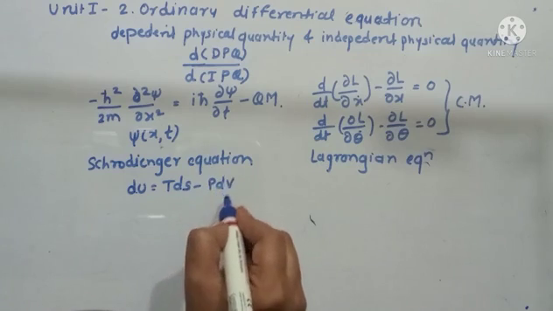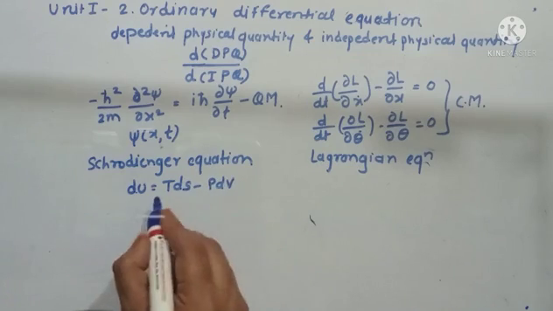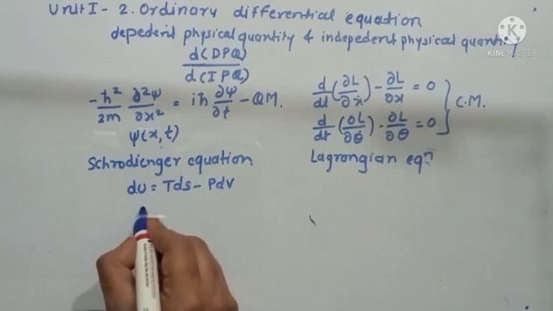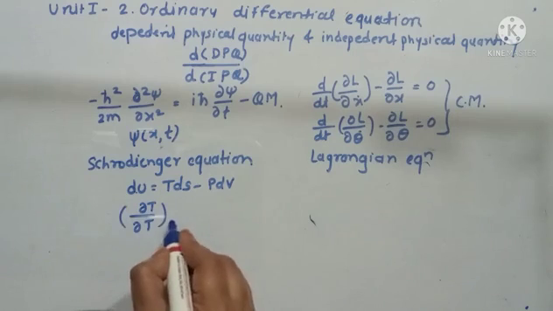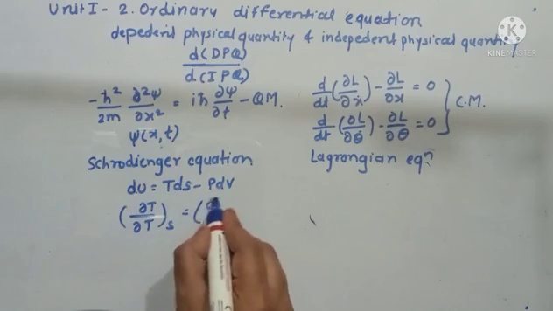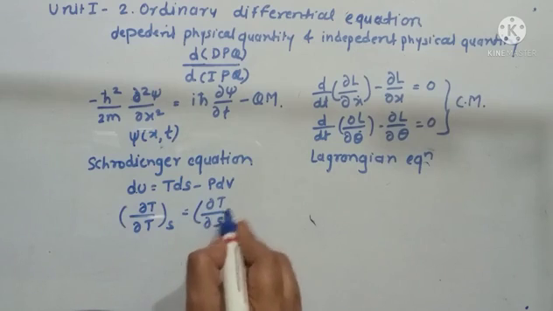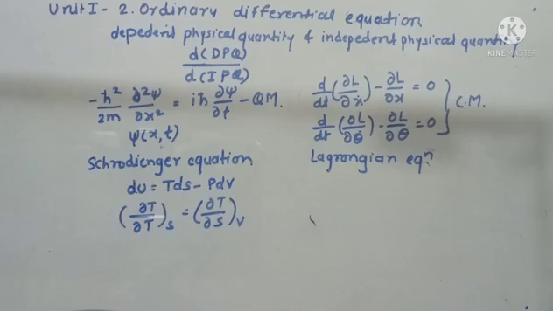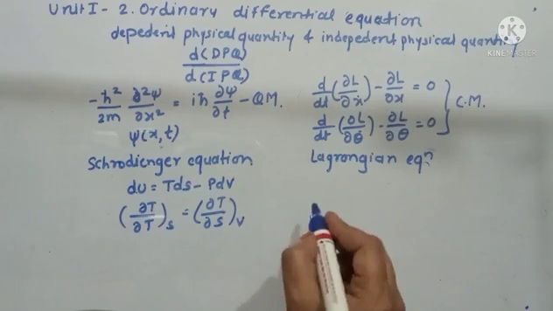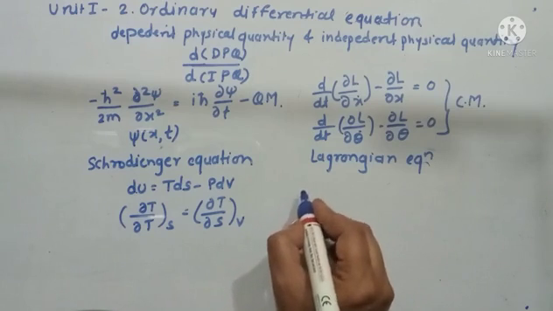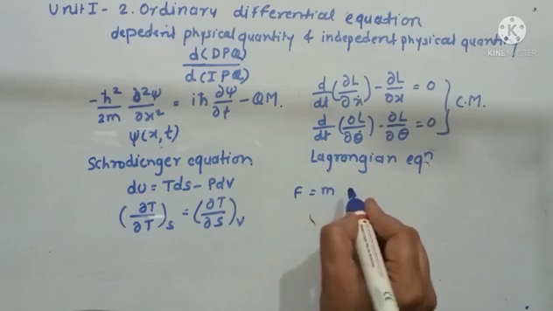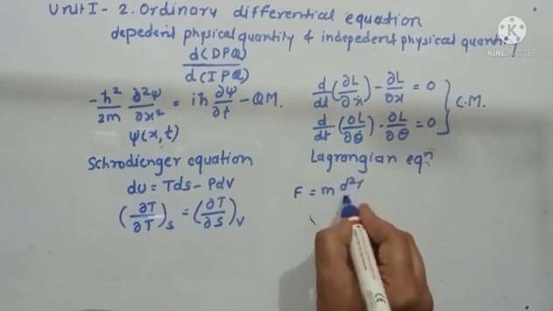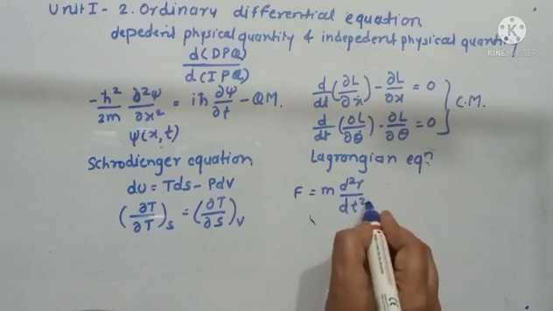This is one more famous equation from thermodynamics, and from this equation I can write dou T upon dou V, which is equal to minus dou P upon dou S, keeping the volume constant. And in Newton's laws of motion, which we have already studied, F is equal to m into d square r upon dt square.